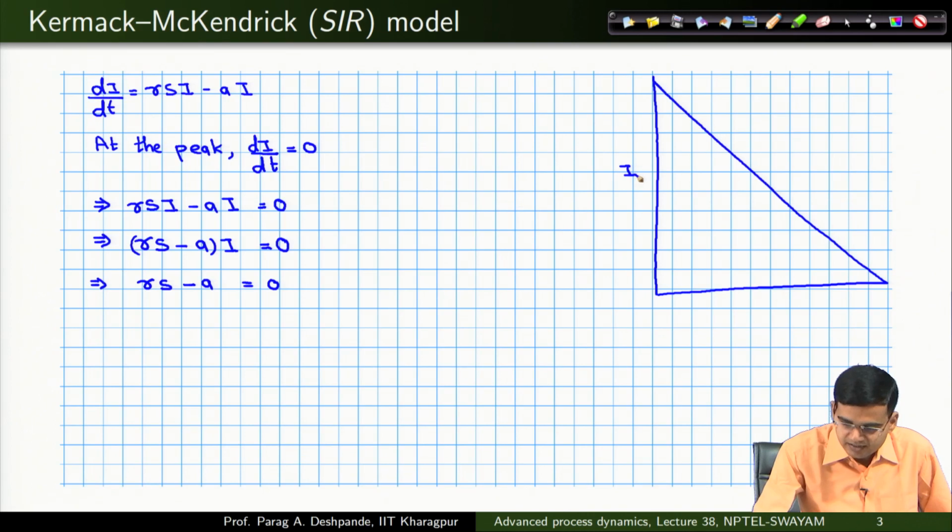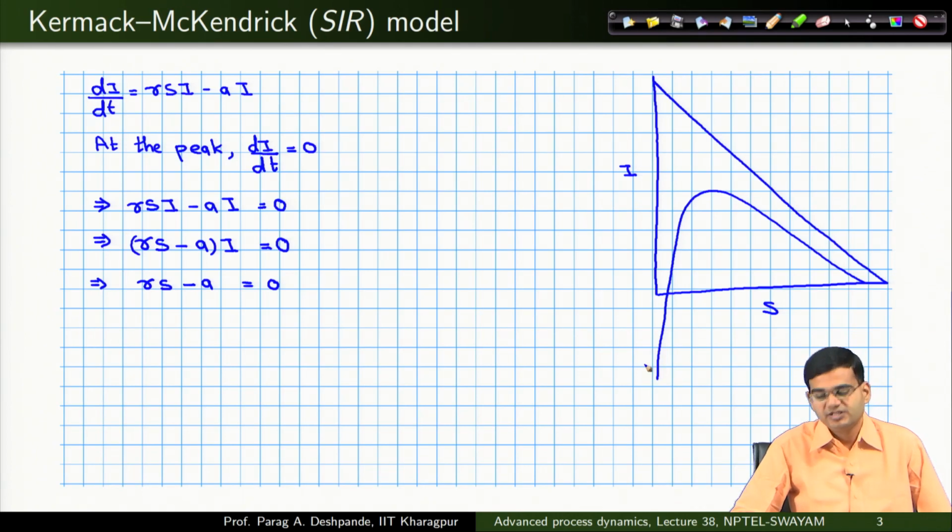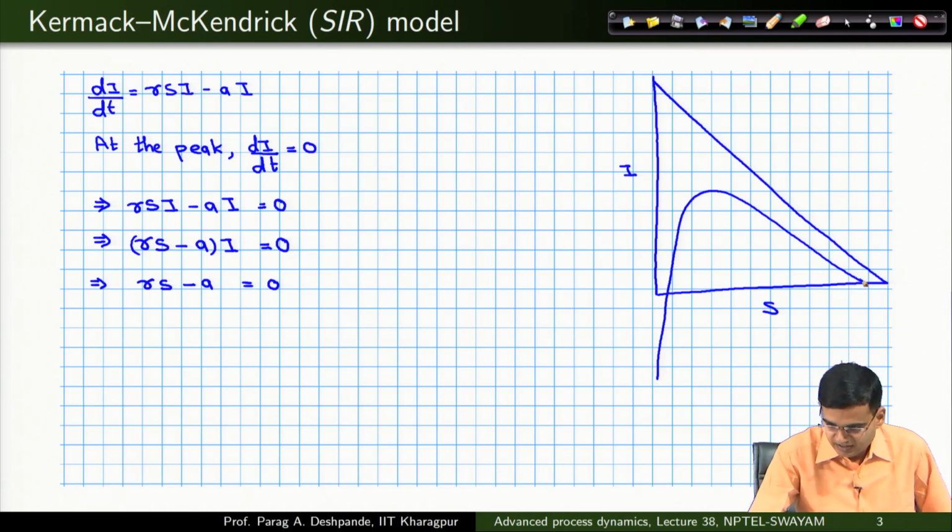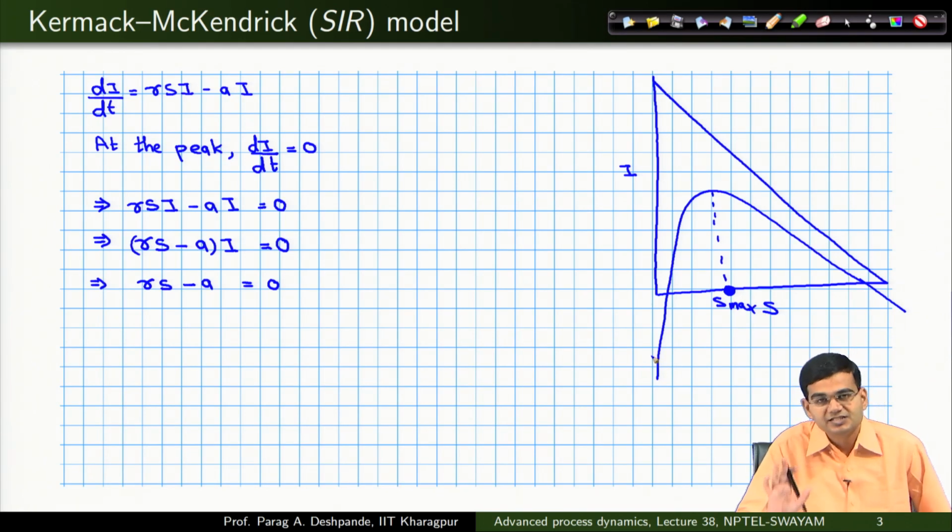If you remember the I S projection, then we had a system like this, we had a phase line like this. So, this is S max. S max does not mean that S is max.